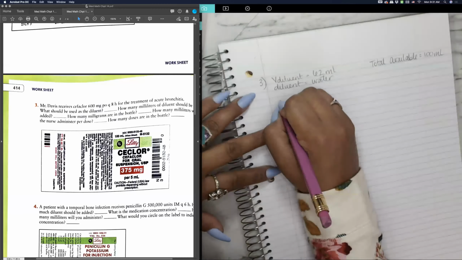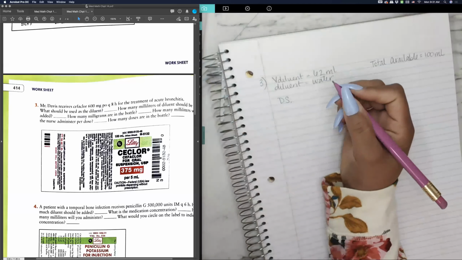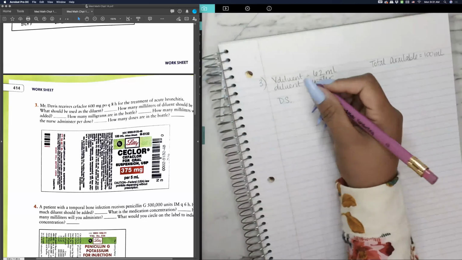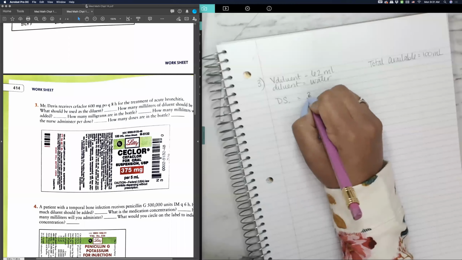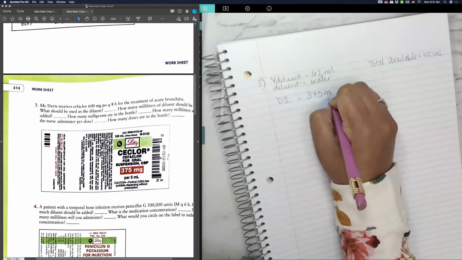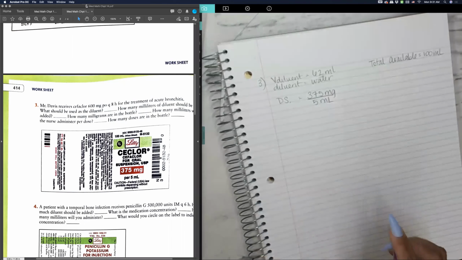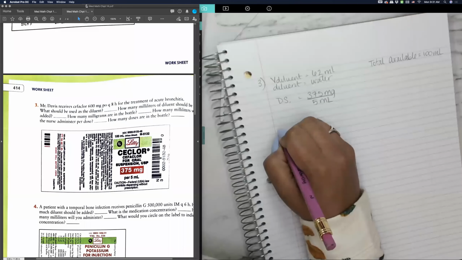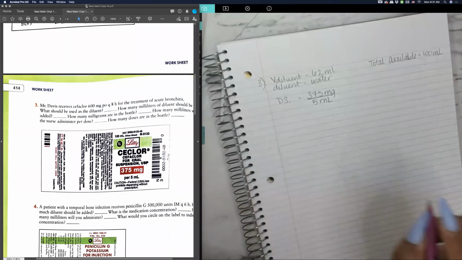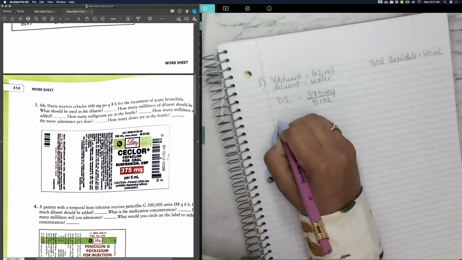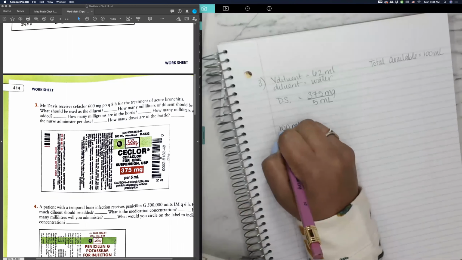And then we know our dosage strength for C-chlor is going to be 375 milligrams per 5 milliliters. Okay, so first let's figure out how much medication is available in the bottle. So we take our total available volume, which is 100 milliliters.